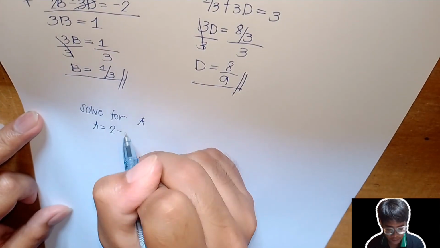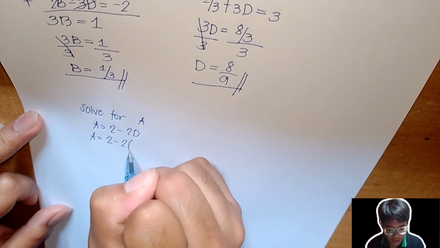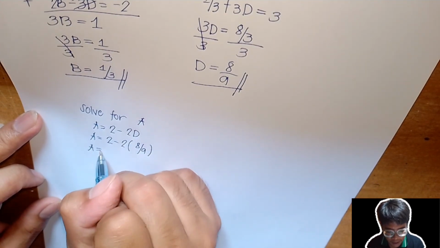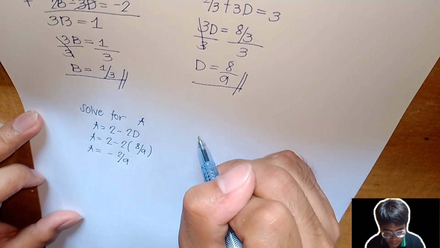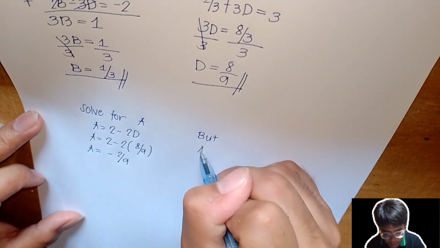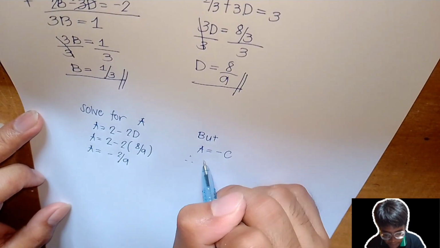Solve for the value of A. A is equal to 2 minus 2D. A is equal to 2 minus 2 times 8 over 9. Therefore, the value of A is negative 2 over 9. But A is equal to negative C. Therefore, the value of C is 2 over 9.